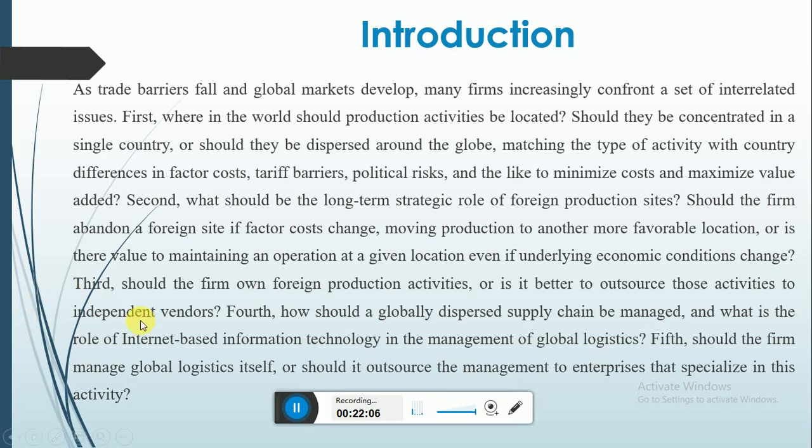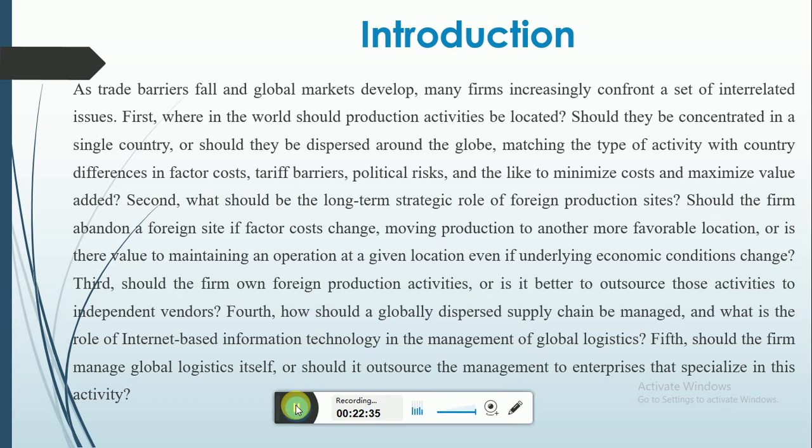You need to find the answer and think about which is more beneficial for you. Is it more important that you invest, for example, $1 million in a plant and machinery, or is it better to just contract with another company that has already invested this much money? You can contact them and make a contract saying I need these products, so they will produce for you.